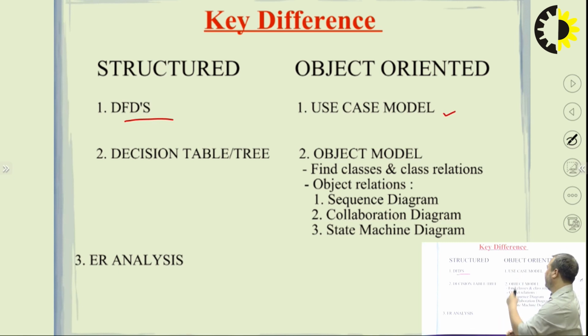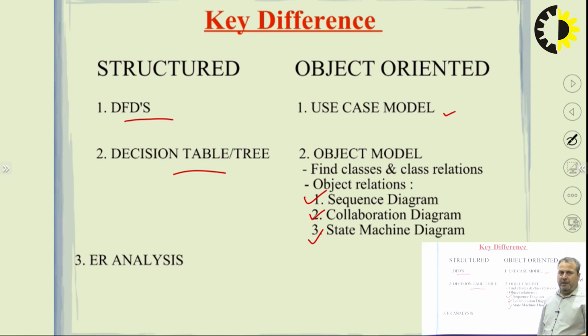Here decision tables or trees are used for analysis. In object oriented analysis we find the number of objects, classes, their relationships, and of course further we can have sequence diagrams, collaboration diagrams, state machine diagrams, and all these diagrams.